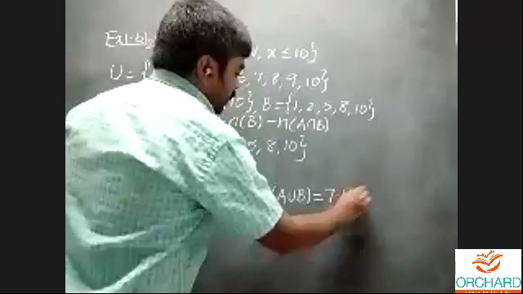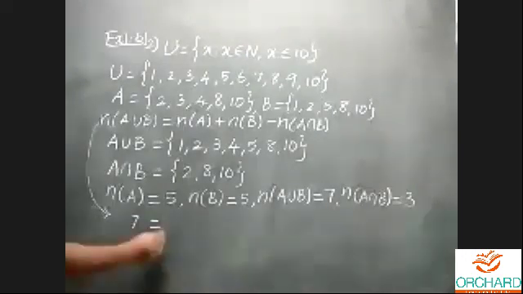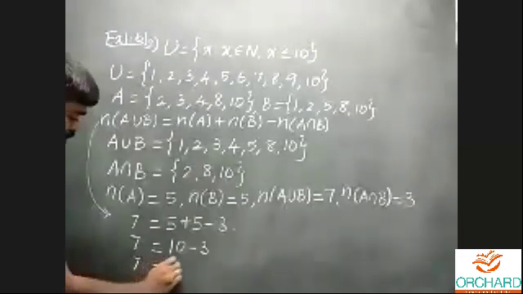Okay, now we can verify this property. I'll directly substitute and verify. Now we can substitute: 7 equals n of A, which is 5, plus n of B, which is 5, minus 3. 5 plus 5 is 10, 10 minus 3 is equal to 7. 7 equals 7.